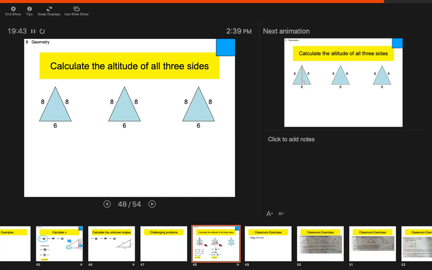All right. So first one. Make that altitude. Hey, it's an isosceles triangle. So what do you know about when you drop an altitude from the vertex of the angle formed by the two congruent sides? That angle is 90.